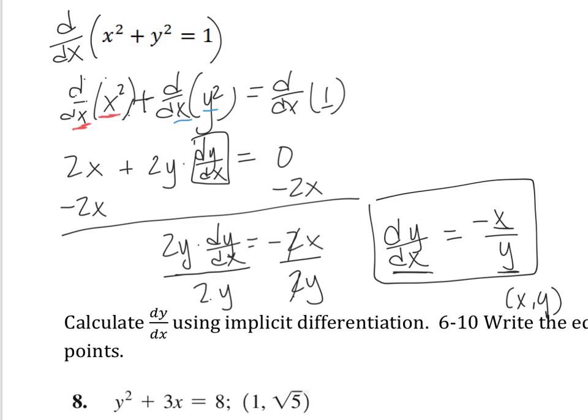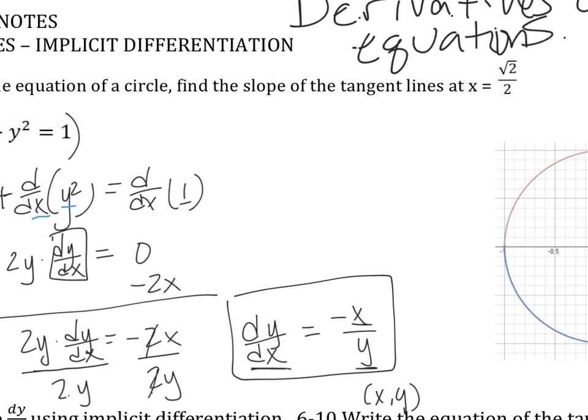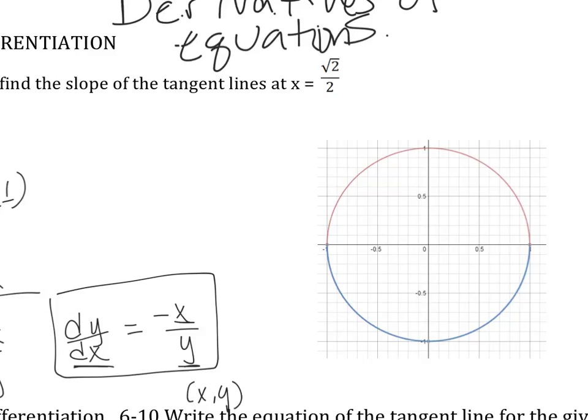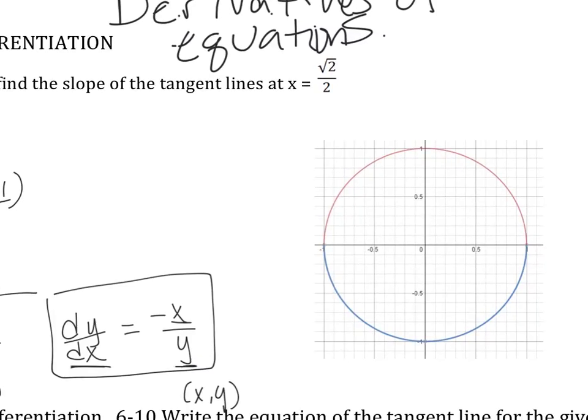So if we go back and think about what this wants us to do, it says find the slope of the tangent line at x equals the square root of 2 over 2. When x is the square root of 2 over 2, that's a point on the graph right about here at 45 degrees.